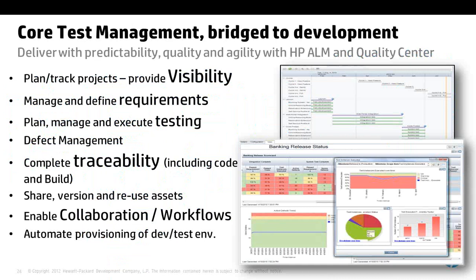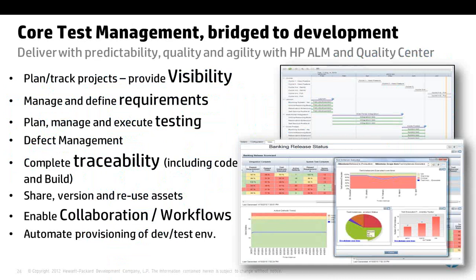Now, where ALM also stands out with respect to Quality Center is its ability to improve more efficiencies through version, through the sharing of assets and creating standardized templates and workflows that can be applied across multiple projects, and its ability to plan and track projects as well as share assets between projects.